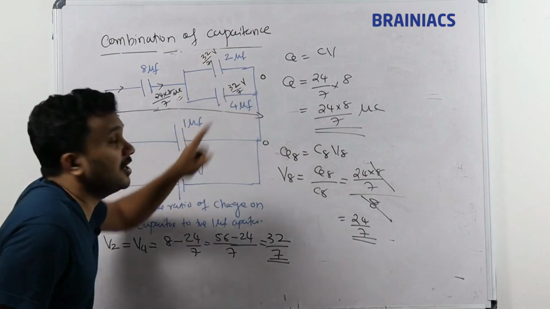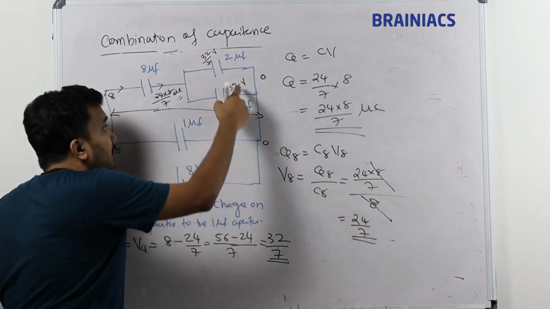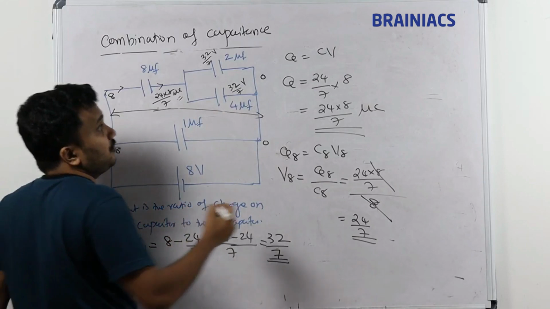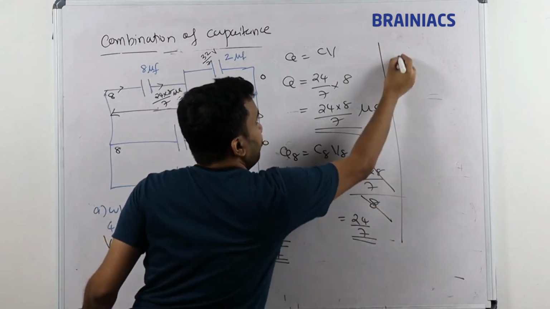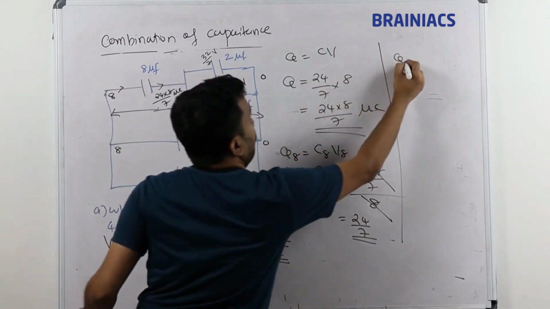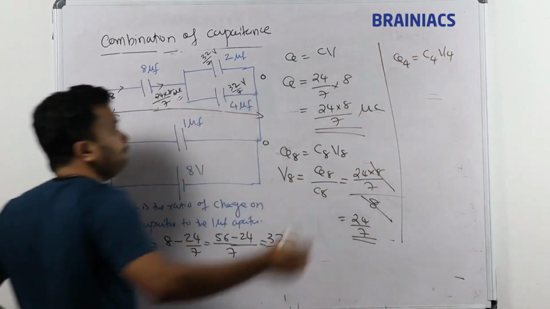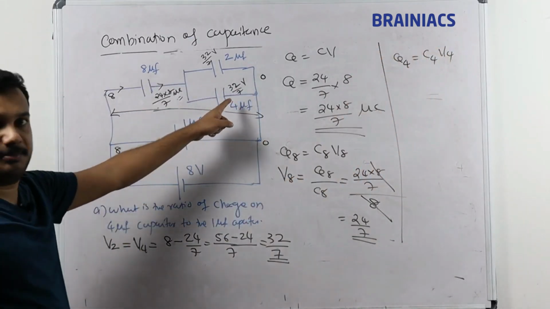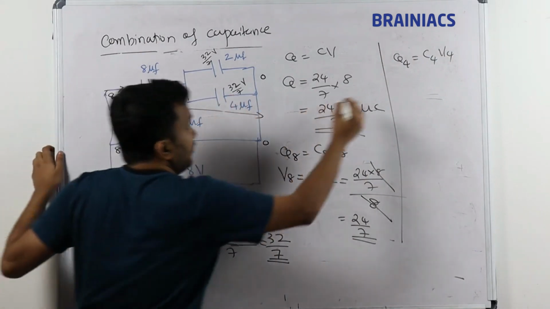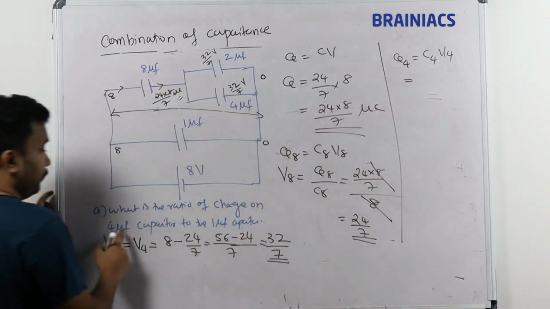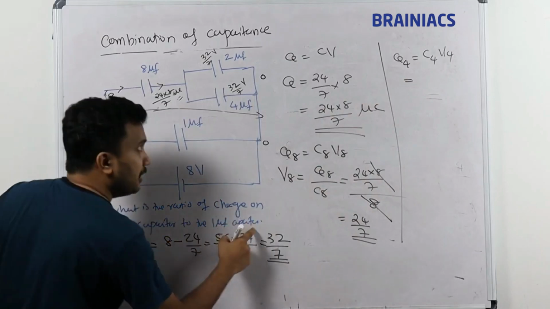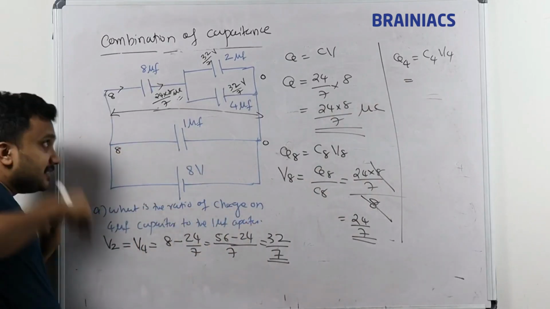I need to find out the charges here. So I know voltage, I know capacitance. How to find out charges? Charge on 4 equals C4 into V4. So Q4, the charge here. I need to find out the charge on the 4 microfarad capacitor to the 1 microfarad capacitor. This is the question.